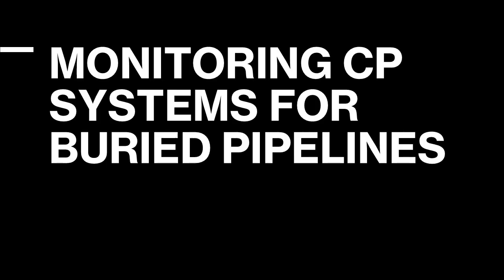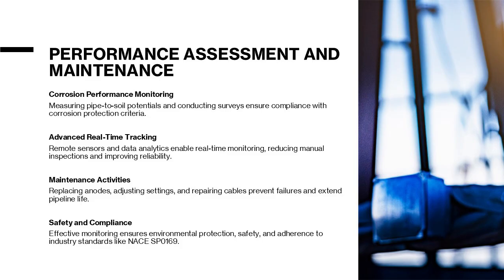Performance assessment, maintenance and monitoring CP systems for buried pipelines. Monitoring is essential for long-term protection. Monitoring the performance of CP systems is essential to ensure long-term protection of buried pipelines. Techniques include measuring pipe-to-soil potential using reference electrodes, conducting close-interval surveys, and performing current and voltage checks at test stations.